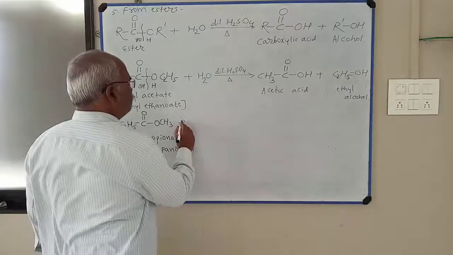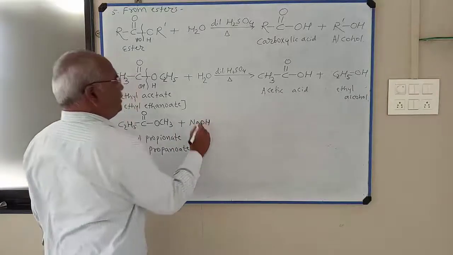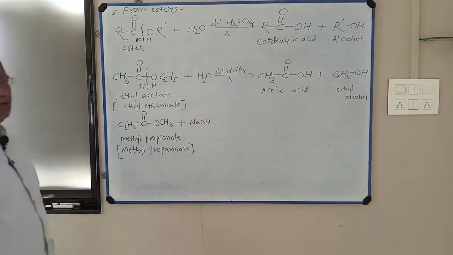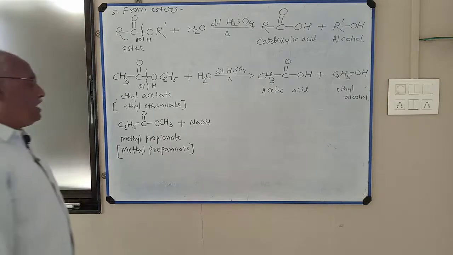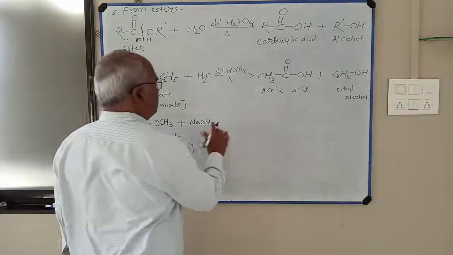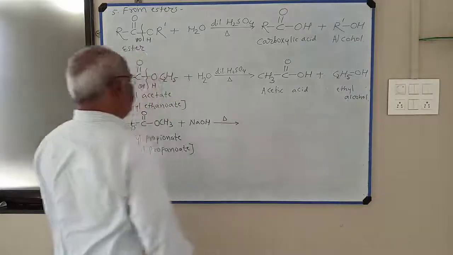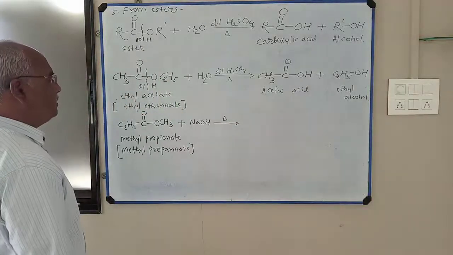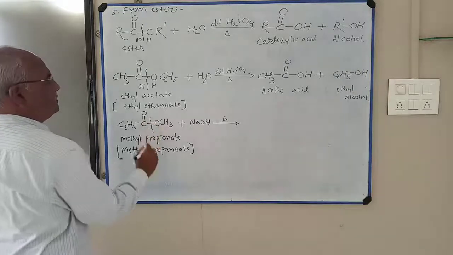Plus sodium hydroxide. You know that NaOH or KOH are alkalis. The hydrolysis is carried out by using dilute alkali. Heating is represented by the delta sign. So the bond breaks here.